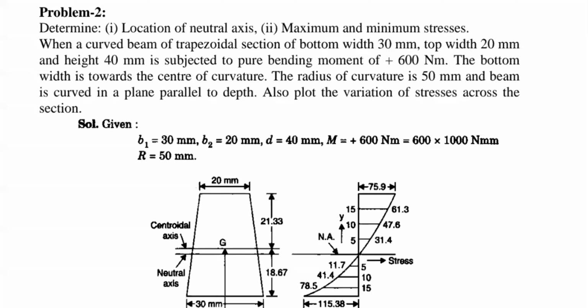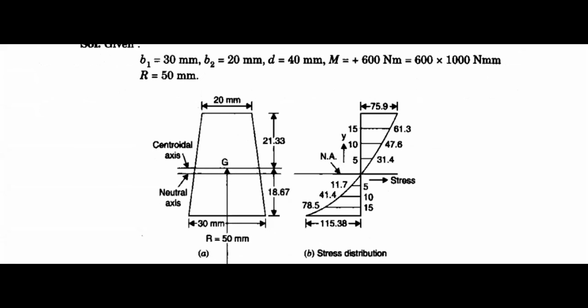You please observe the following figure. It is a trapezoidal section. Write down the given data, and please at least find out the position of neutral axis, because the position of neutral axis formula is the same, and you only need to bother about the h square value.